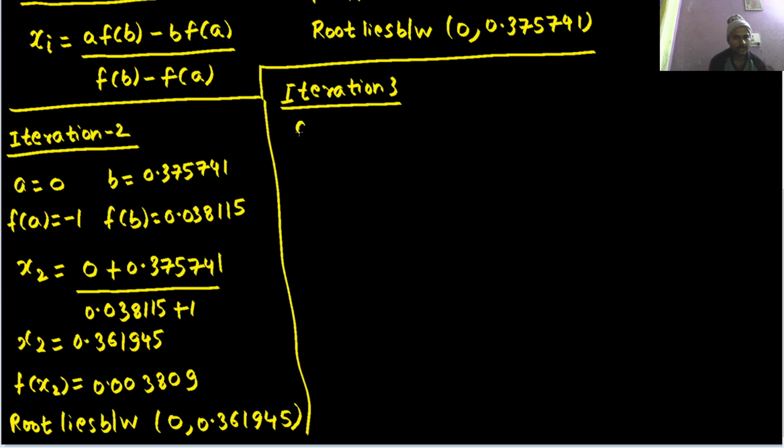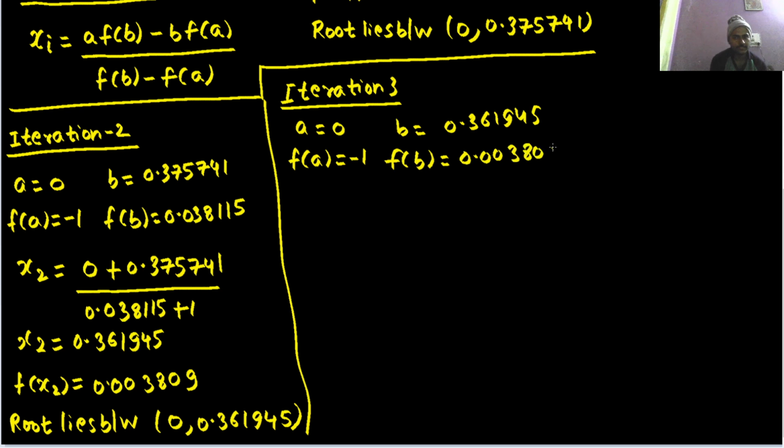So for this, you have again value of a is 0, function value at a was -1, value of b is 0.361945, and value of function at b is 0.003809. You will find the x3 value, which will be a times f of b, again 0, okay, minus b times f of a, so plus 0.361945 divided by f of b minus f of a.